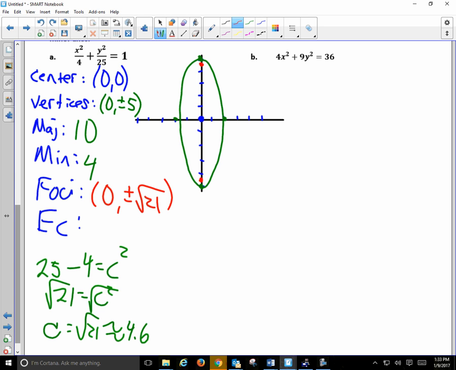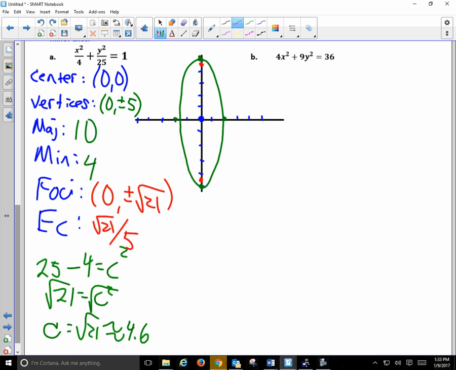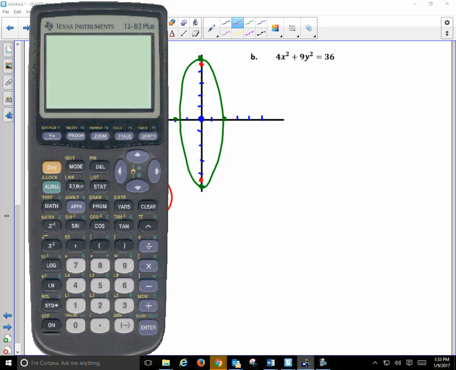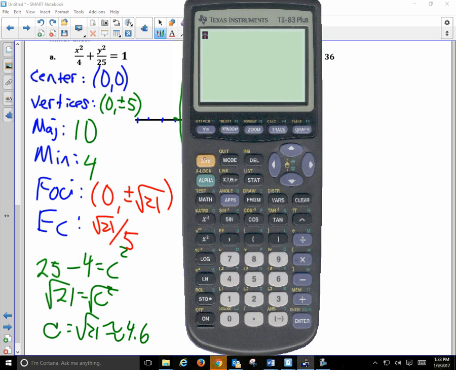Eccentricity. What's my C value? Root of 21 divided by A. Yeah, A is 5. Let's actually come up with a decimal and see what we get. Does this look like a parabola that's pretty stretched? I think it does. I guess it's all relative.